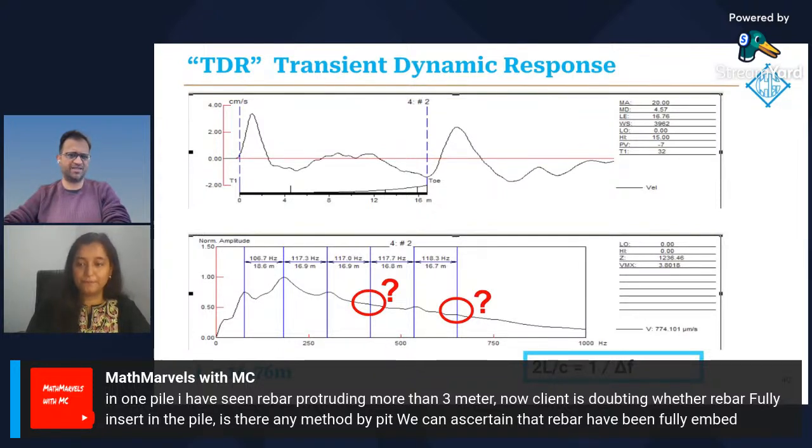But I want to say this. Testing is not a substitute for good workmanship at site. Good engineering and good workmanship at site have to be there.